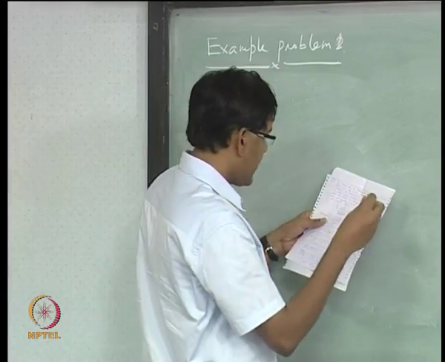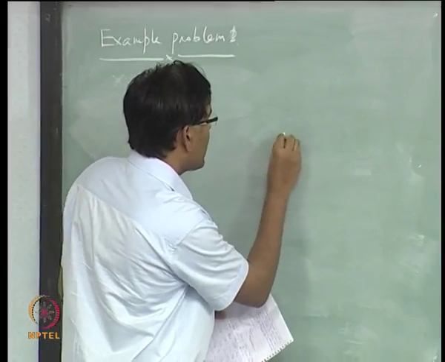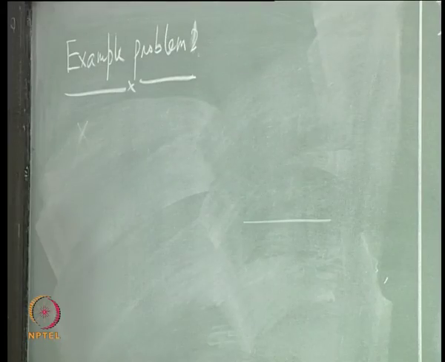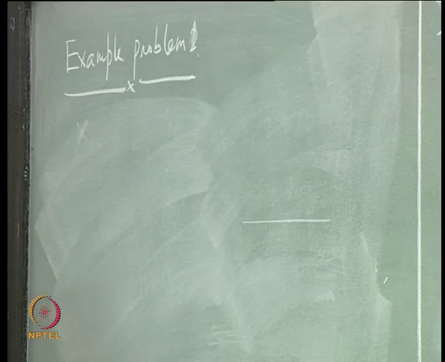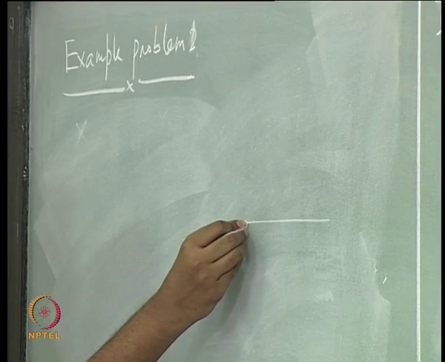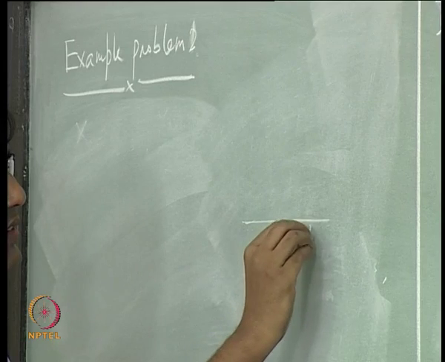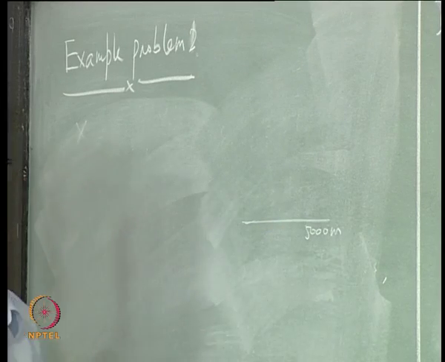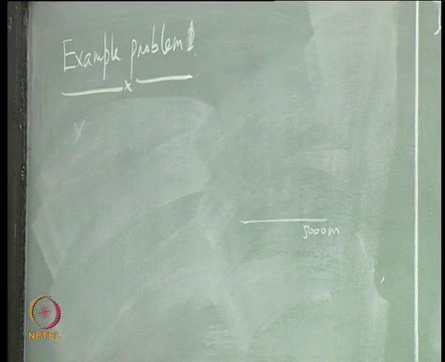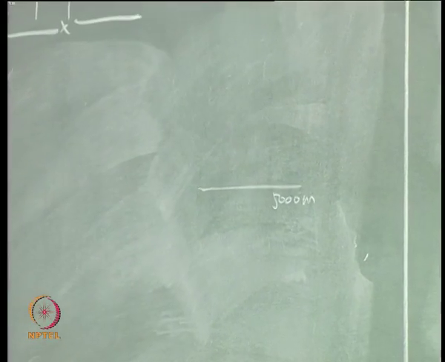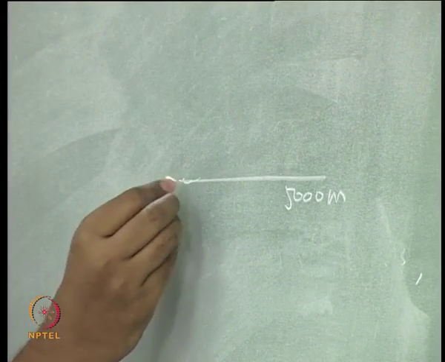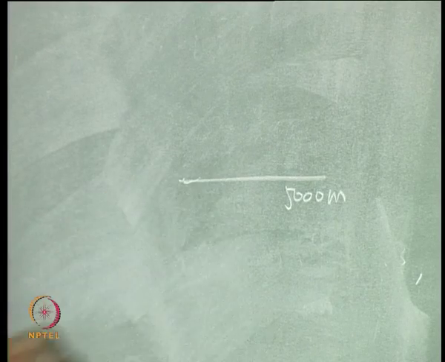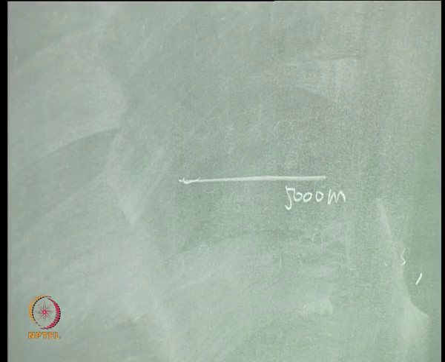So, here is this problem. One trainer aircraft is flying level, okay, and then it starts. So, this is at 5 kilometer above sea level, then starts climbing, okay.